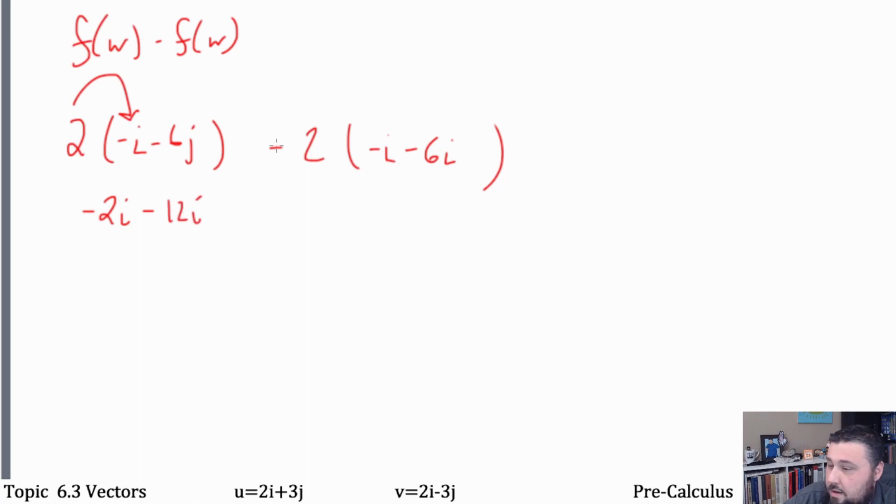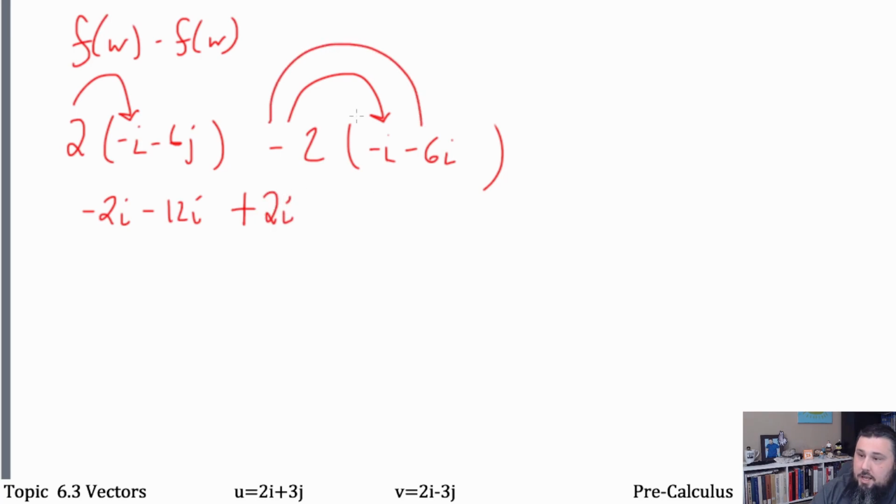Then we have minus 2 times w, which is negative i minus 6j. So here, what we're going to end up having is negative 2 times negative i, so plus 2i, and negative 2 times negative 6, which is plus 12i.